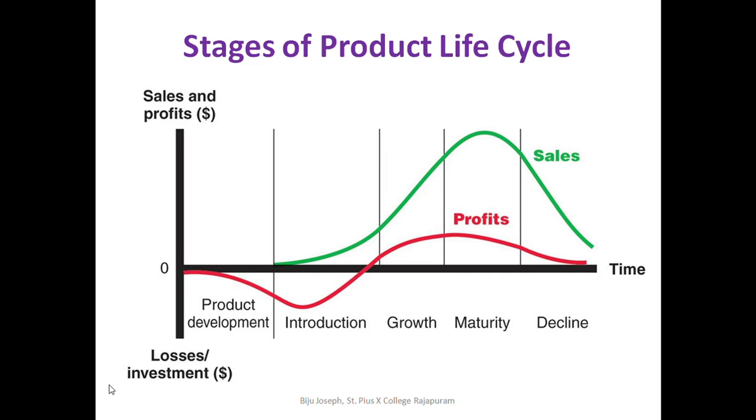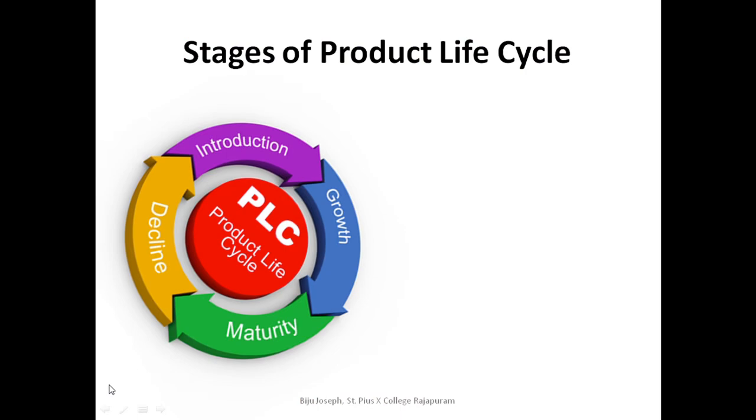Though the first stage called product development is not very visible, the other four stages such as introduction, growth, maturity, and decline are clearly visible to both internal and external stakeholders. The first product development stage may be known to the internal stakeholders. Let us see each stage of product life cycle in detail.